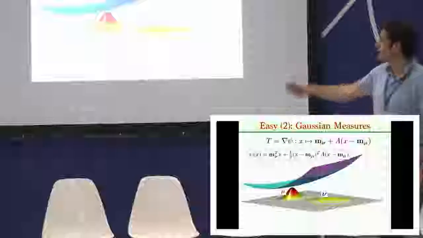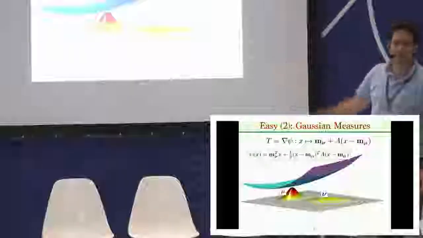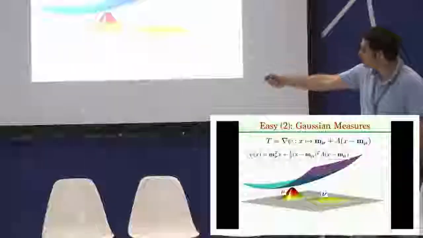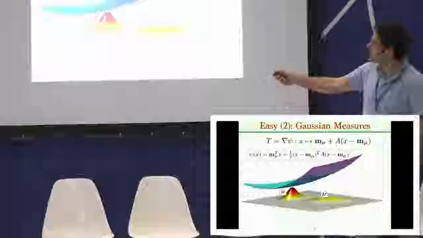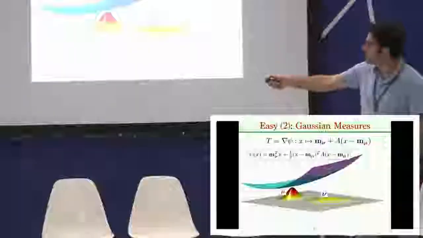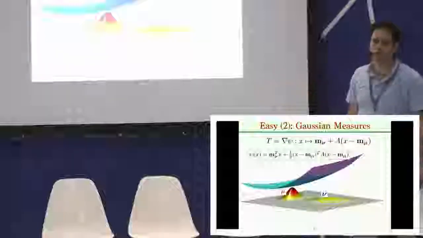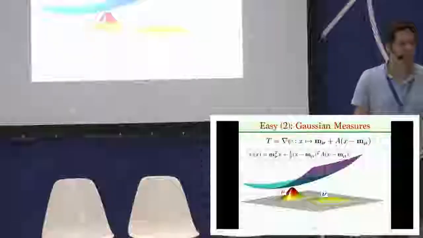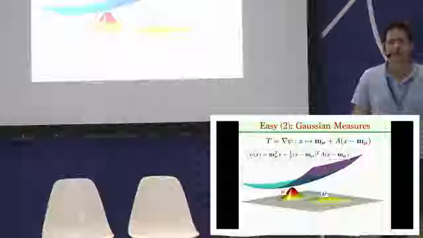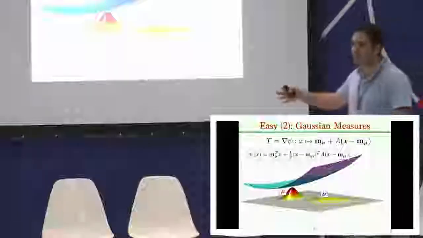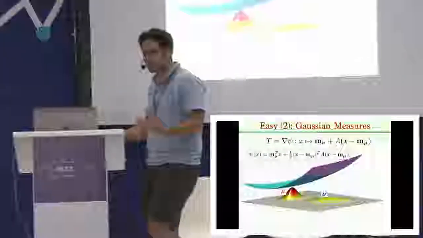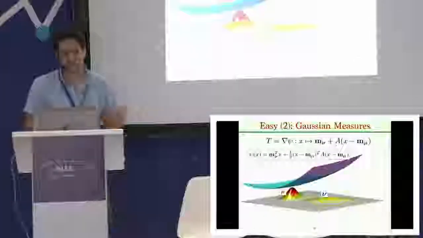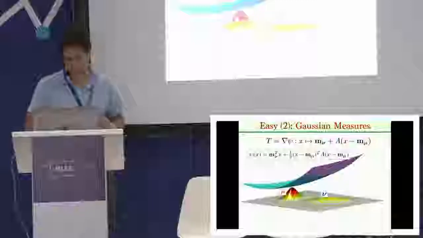And this is obviously a convex function because A is positive definite. So I have a convex function psi whose gradient moves this measure to this one. By Brenier's theorem that I very briefly mentioned, it's necessarily optimal. So here you have a very short proof of why this Bures metric has this closed form and why it's easy to evaluate.